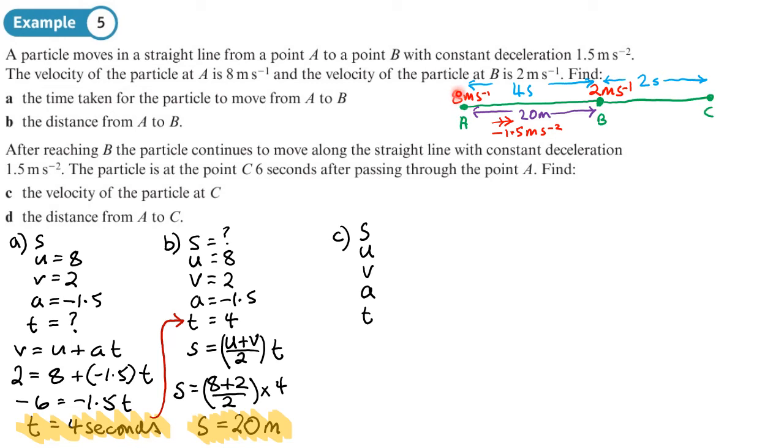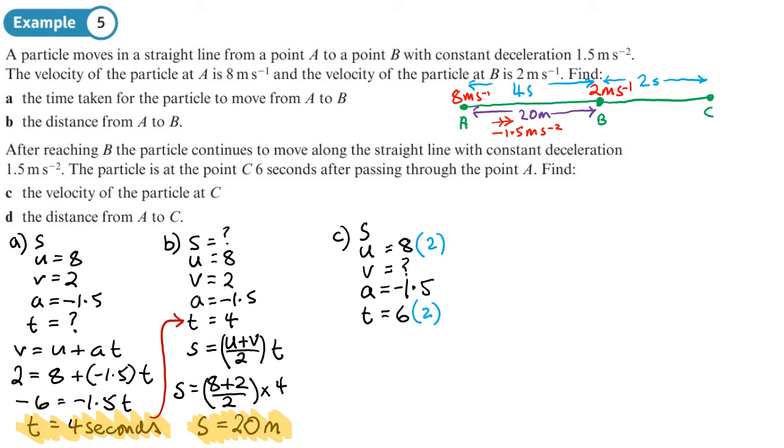I'm going to take 8 as the initial velocity and take the time as 6. So I'll just put in brackets the alternative. The alternative is that you take U as 2, that's basically at B, and you take the time as 2. So that's just looking at the journey from B to C. That will also work because the acceleration, or deceleration, is the same. So negative 1.5, because that stays the same in that part of the journey, and we're trying to find V.